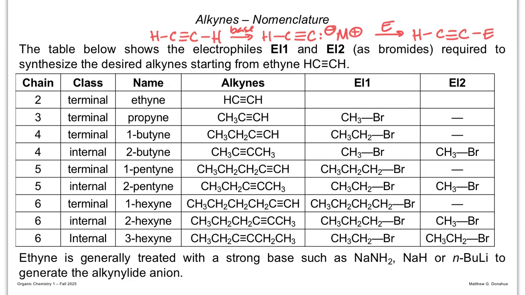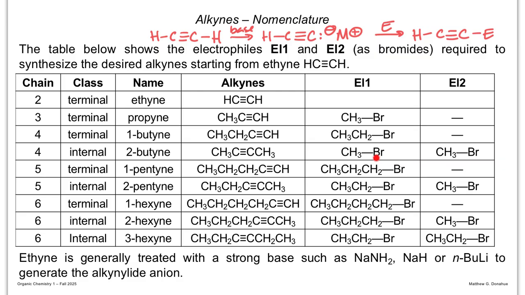So with that, all the trappings of the SN2, rates, nucleophiles, electrophiles, solvent need to be followed. For an internal alkyne, so for 2-butyne, in this case, we would have to use 2 electrophiles.